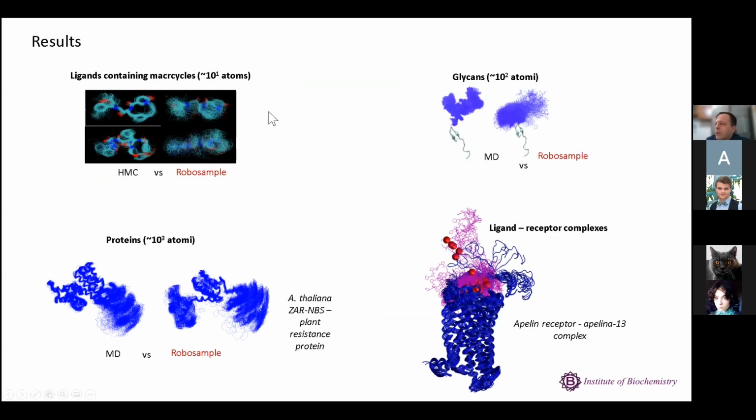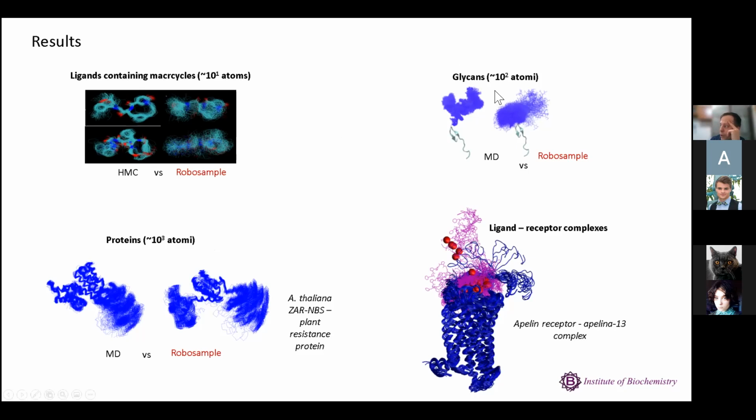A case that we demonstrated that the method is better than regular Hamiltonian Monte Carlo or hybrid Monte Carlo is the case of the ligands that contain macrocycles. This type of ligand is notoriously difficult to sample because they have these large cycles, and these cycles just don't get from one conformation to another very easily.